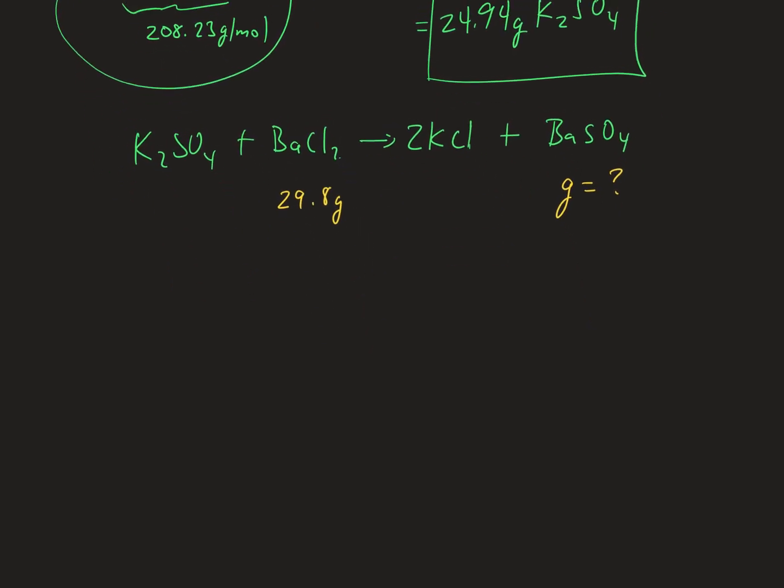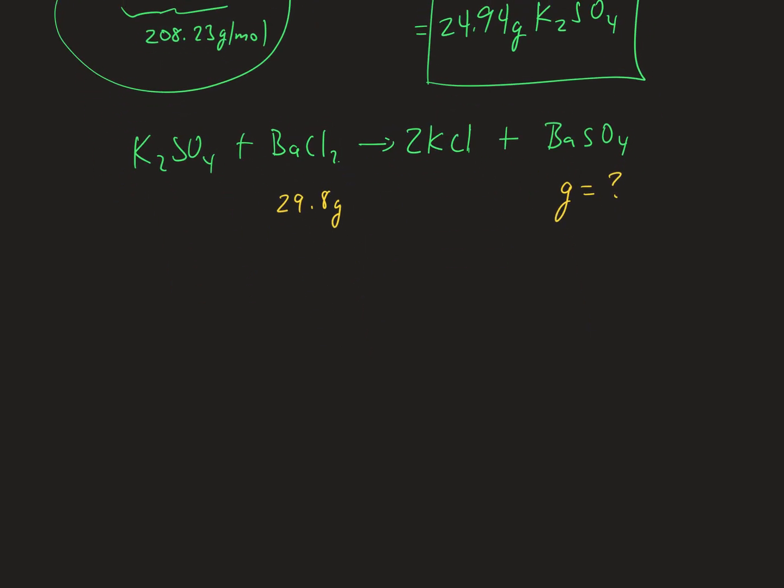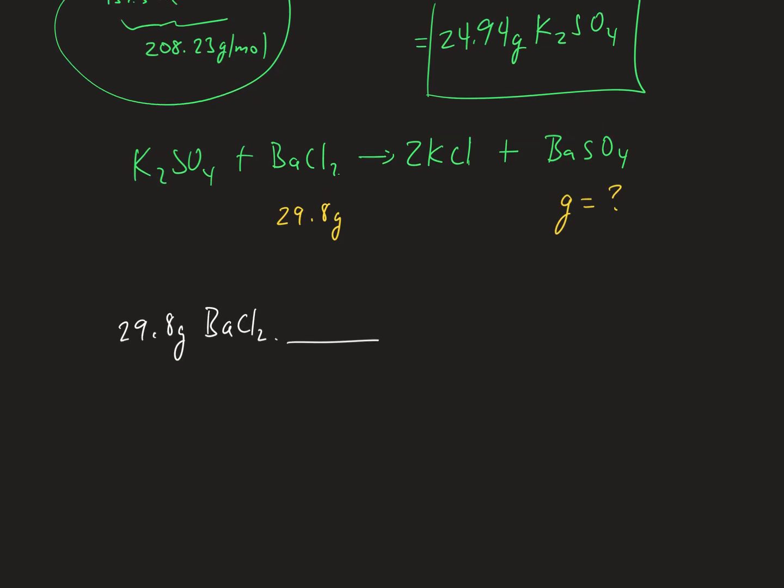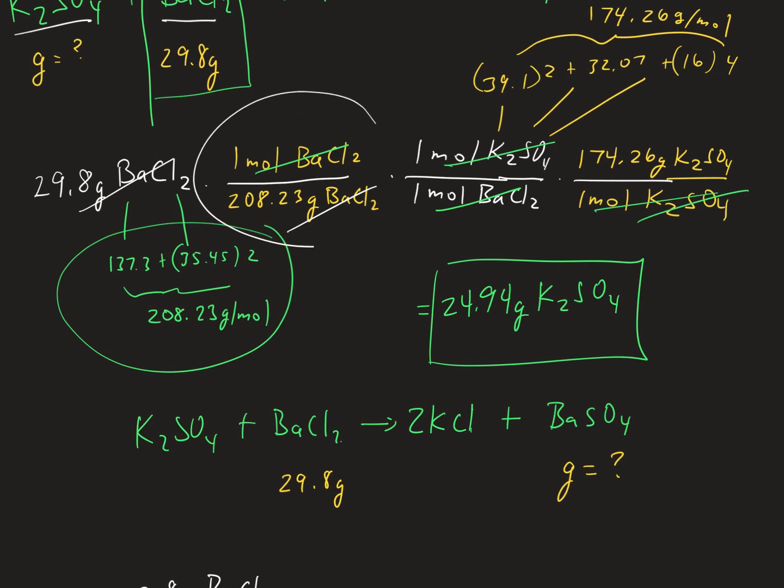That was given to me in the problem. So we're going to start with 29.8 grams of barium chloride, right? And the first step is just copy, right?